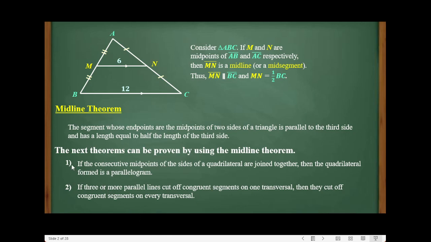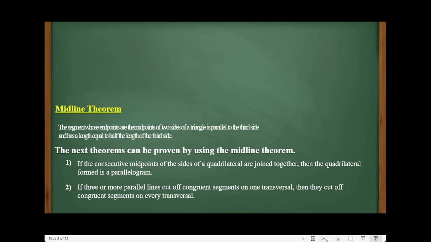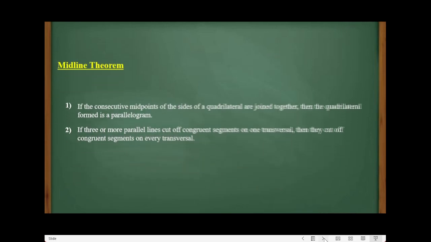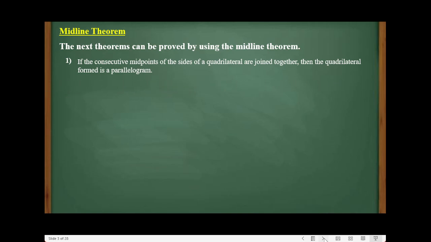We go back to the first theorem, number 1. Okay, what does this mean? Here goes. Let us retain the first theorem. Again, let us read. If the consecutive midpoints of the sides of a quadrilateral are joined together, then the quadrilateral formed is a parallelogram.